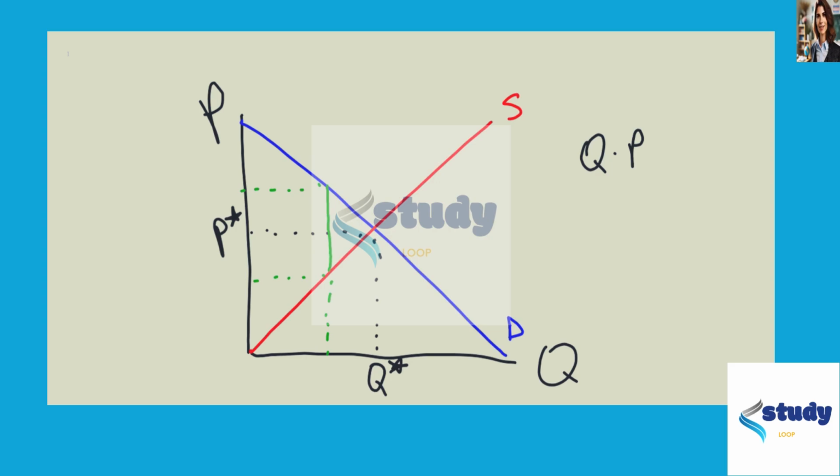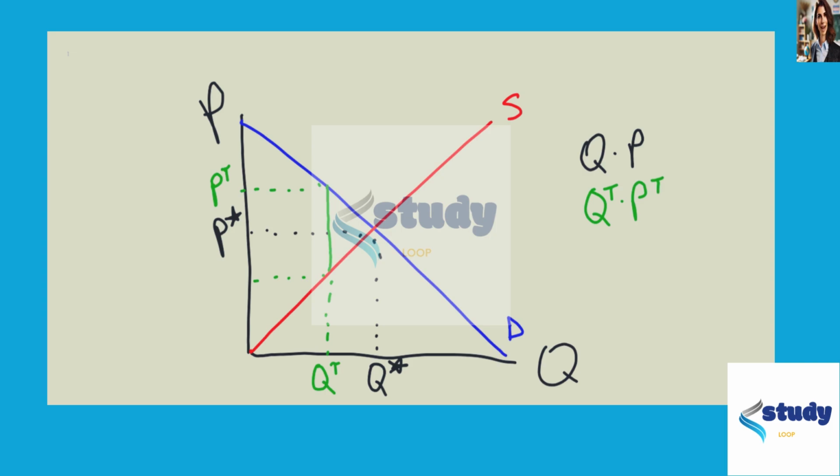Now, what is the new price and quantity? Well, it's going to be our quantity with the tax and the price paid by consumers with the tax. So now the new amount paid by consumers, the total spending by consumers, is going to be that QT times PT.